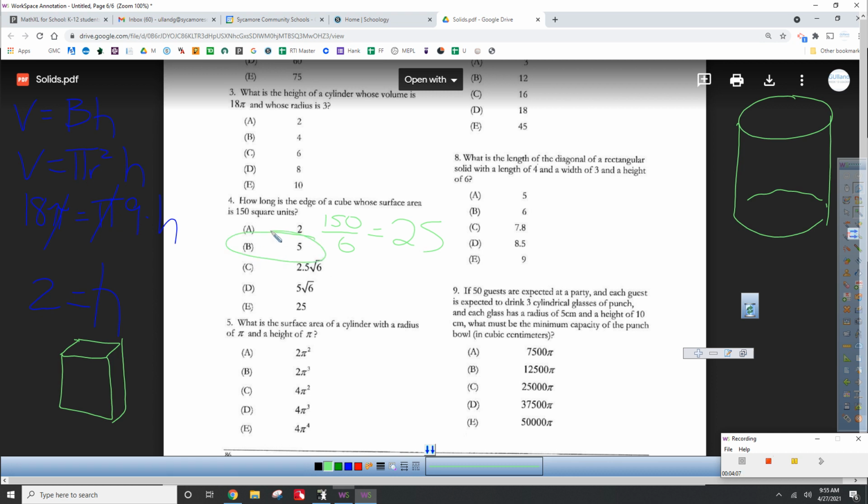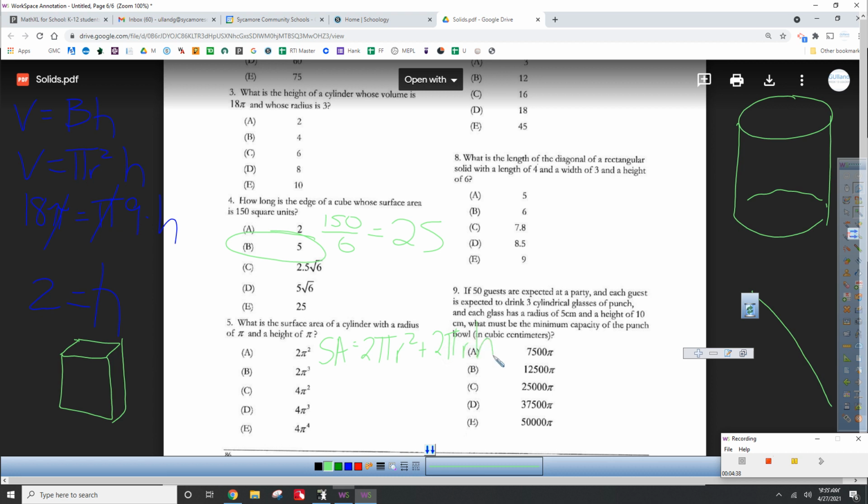Back over to number 5. The surface area of a cylinder, well, there's 2 circles, right? And then the wrapper of a Coke can, that's a rectangle. And the area of the rectangle is the circumference, so 2 pi r times the height.